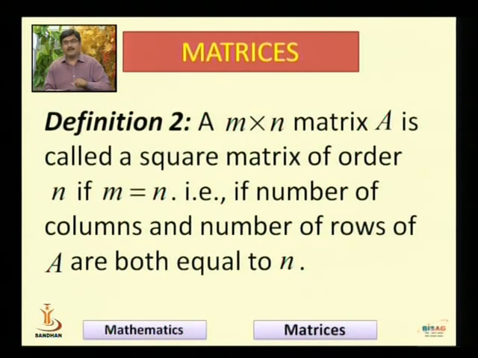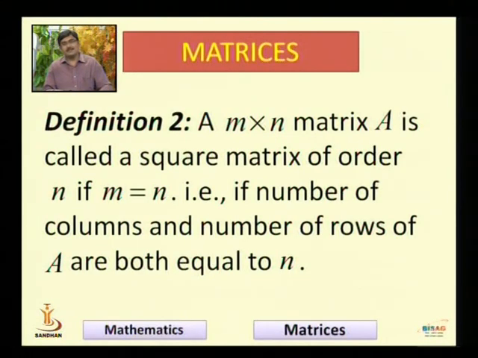Let us again give one more definition. We say that a matrix which is a rectangular array of elements of C is a square matrix if the number of rows and the number of columns are same.